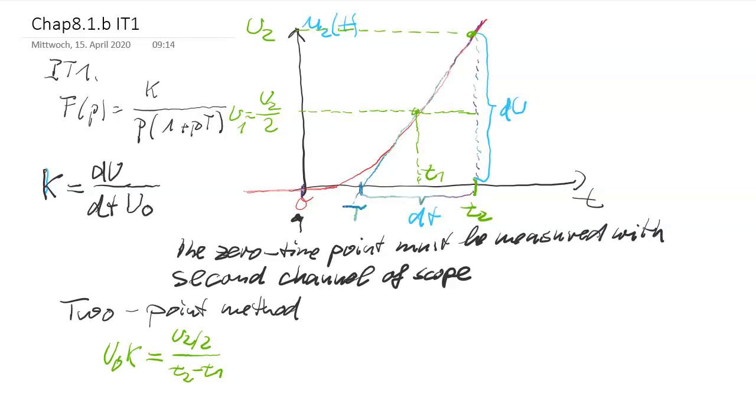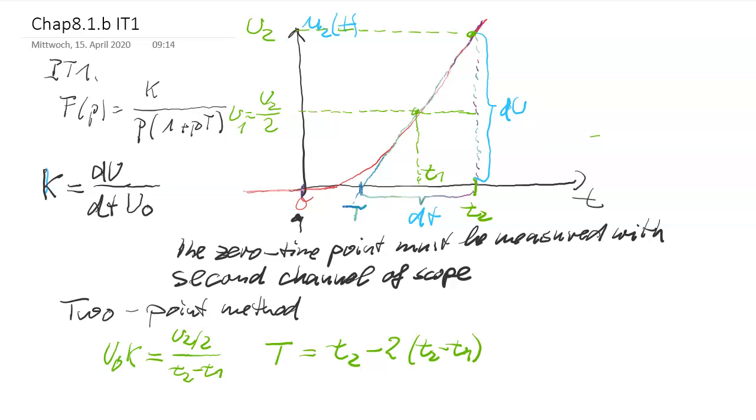What about the T factor? The time constant is this distance from there to there, the time T2 minus the difference between T2 and T1. Then I am at this point, and here this part from this point to that point is again T2 minus T1.